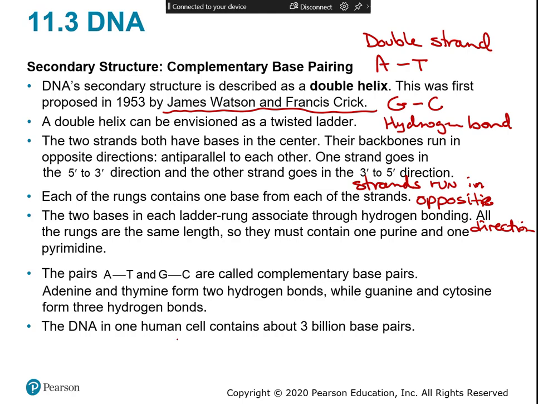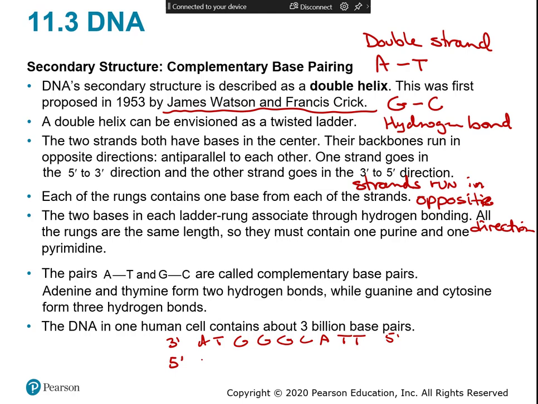So if I have 3 prime A, T, C, G, G, C, A, T, T, and then 5, what would be the complementary strand? What would this one start with? This would be the 5.